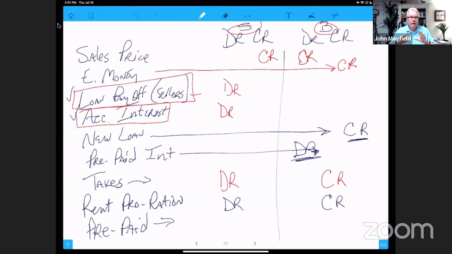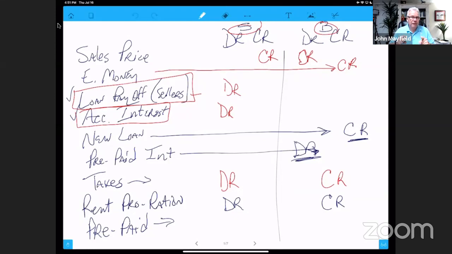Everything else, they're going to say the seller's paying for this, the buyer's paying for that. So it's kind of a no-brainer. If they say the title insurance is $500, the inspection's 125, and there's a termite inspection for 50, and the buyer's paying for all of those, you just plug them in there.